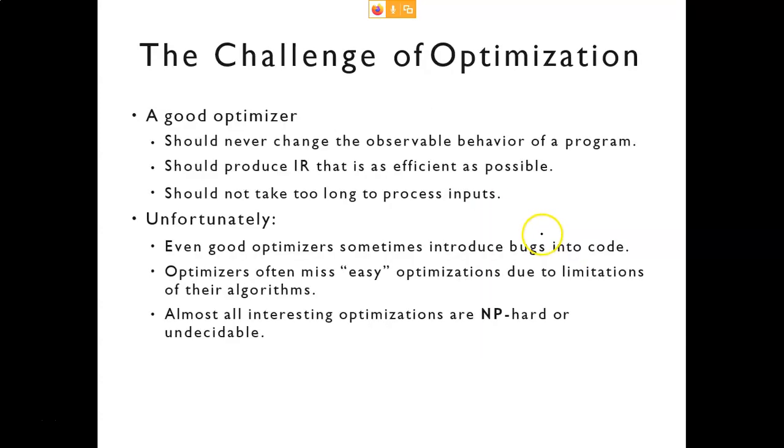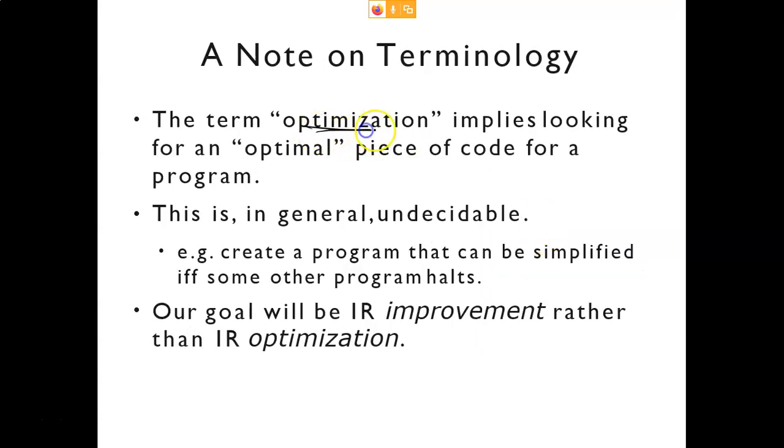Actually, technically we should not use this word optimization, because optimization says that you are finding an optimal code, but finding the optimal code is an undecidable problem. That's why we use the term code optimization, but the actual thing we are doing is code improvement.